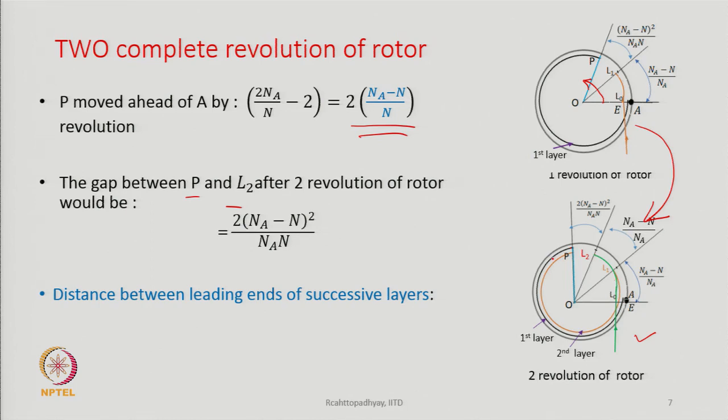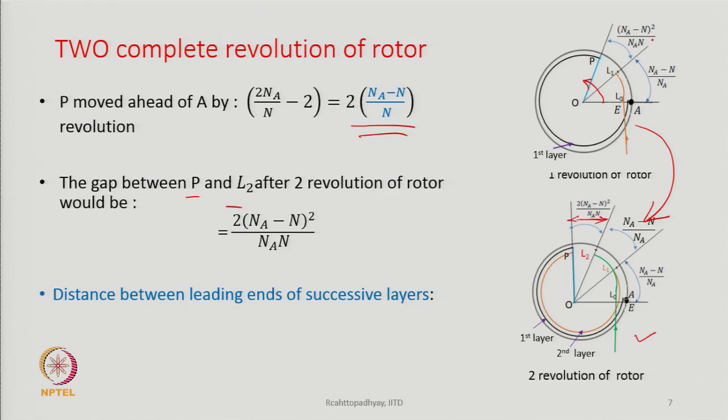So, every time P crosses point E, a new layer starts getting formed. We had the original fiber ring, then the very first layer L0, the second layer L1, and now the third layer has started building up, shown by the green color. So, the gap between P and L2 is this.